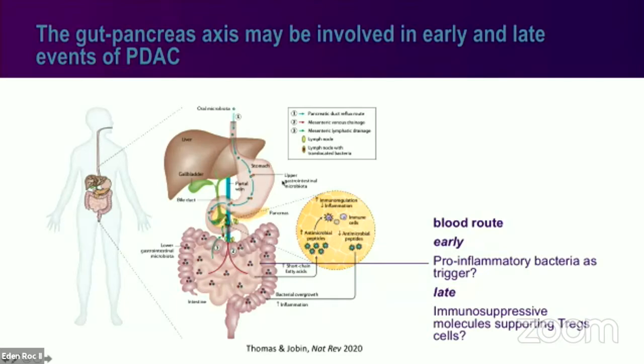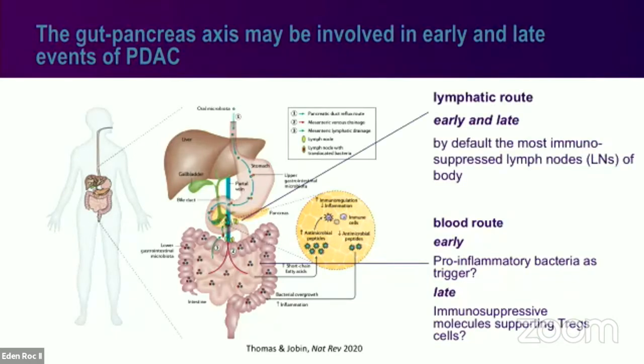And I'll talk about two routes. One is the blood route, where both early and late events could conceivably be communicated. For example, early on, pro-inflammatory bacteria or cytokines could act as triggers, but later, conversely, immunosuppressive signals from the microbiota or the gut could be conferred to the pancreas through the blood route.